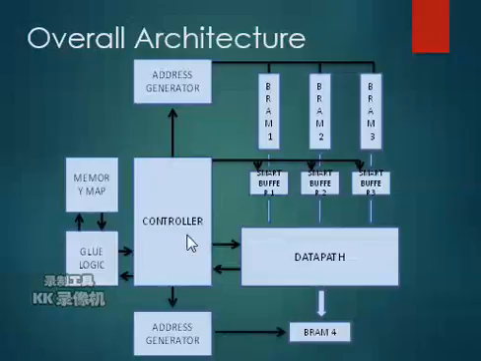The controller is where we control the pipeline of the data path and how data goes in and out, and control all the enable signals and controlling signals. They are all done in the controller. And the data path is where we implement the algorithm, the main logic of the algorithm.